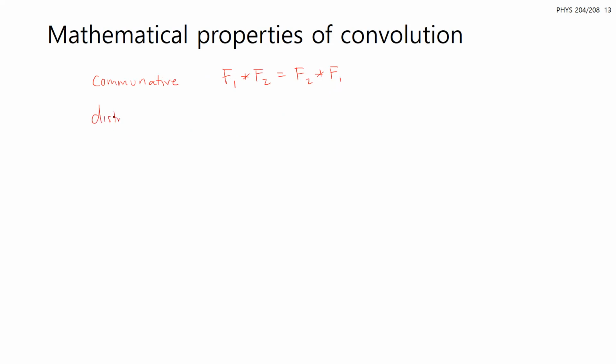There's also the distributive property. If you convolve F1 with the sum of 2 functions, that's going to be equivalent to doing those separately.